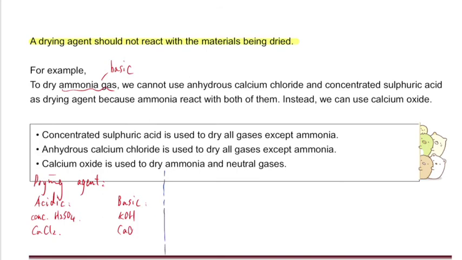So now we can classify our drying agents, and then we also need to consider what gases we need to dry. For some common acidic gases, we have mentioned in our notes, when sulfur dioxide dissolves in water, so if we have wet sulfur dioxide, it would turn into sulfurous acid, and the same way for carbon dioxide, so they are acidic.